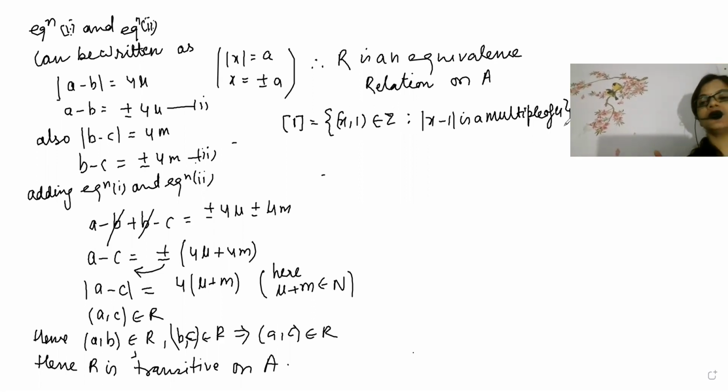Do you remember we did it like that last time? Here x comma 1 we have not written, we have written x belongs to integer, because 1 is already given. So now we have to find the value of x only.